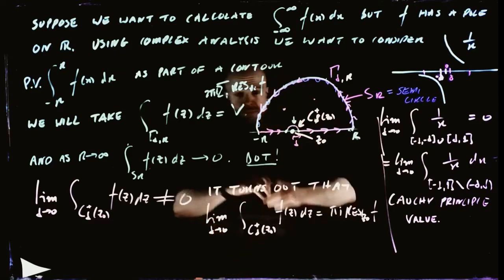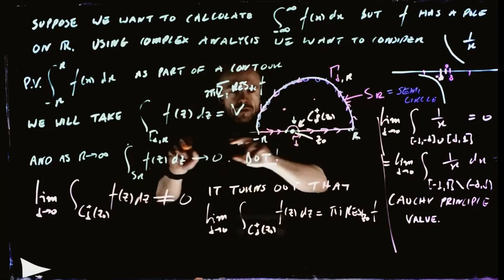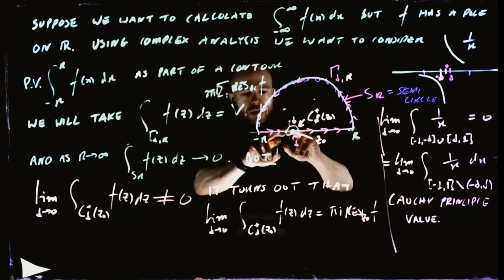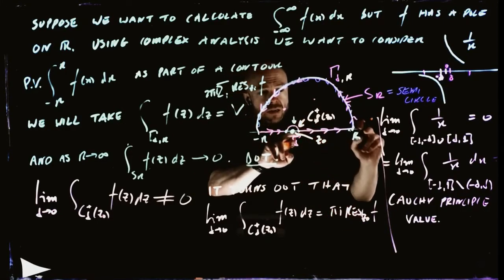So that when we take R to infinity, we'll have the integral along the real line from minus infinity up to here, and then we'll have this part, which we know what it is, and then we'll have the integral from here to infinity.